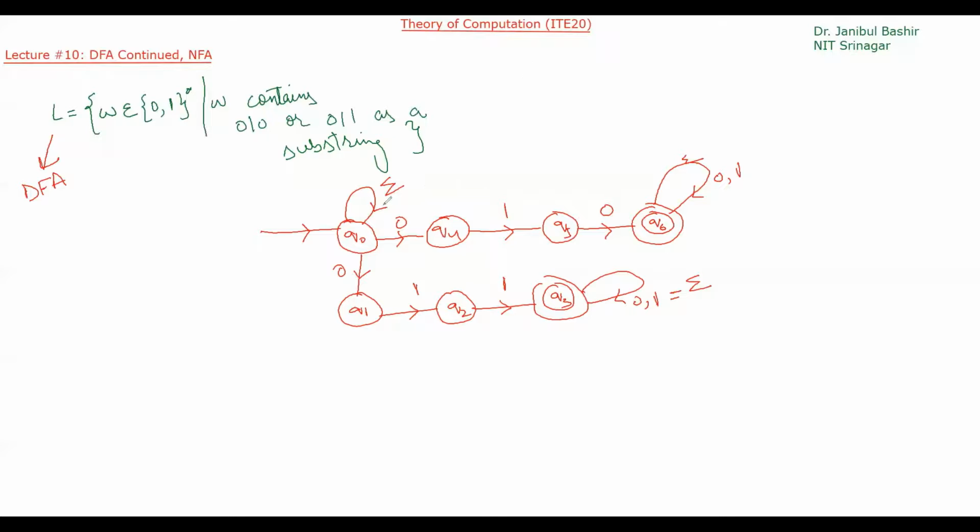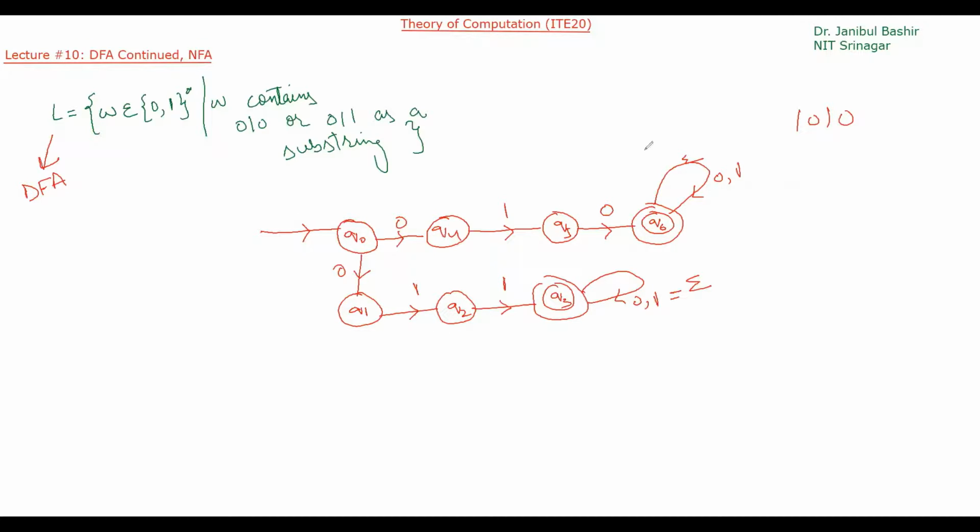Now let's say I am rubbing this portion here, what will be the issue? So if I am not putting this particular edge here, so this edge, let me bring it back. If I am rubbing this edge, what is the issue? Now let's say this string comes. Okay, so this is the string.